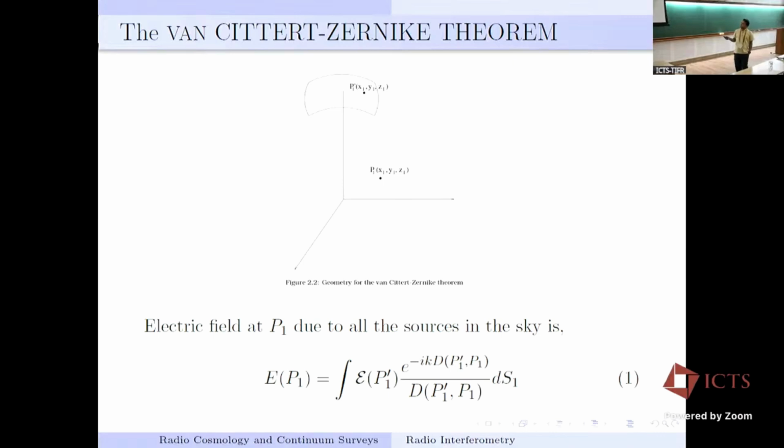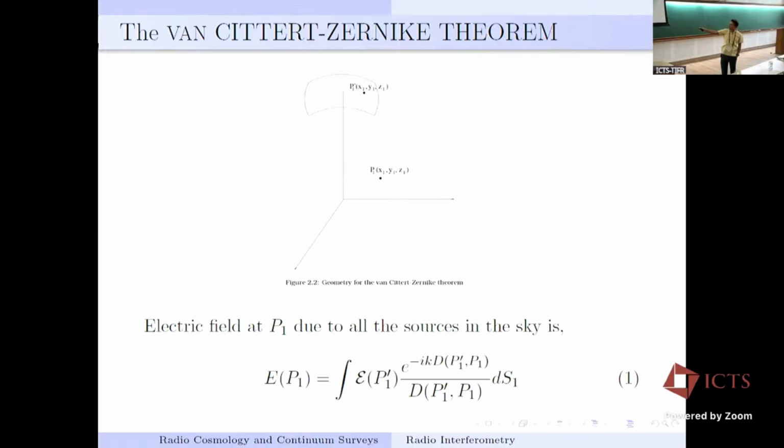So the paradigm is this: I have a source distribution in the sky. What do I mean by source? I have some point which is emitting radiation, correct? Now, radiation means what? Electromagnetic radiation, which, as I said, is basically an oscillating electric field. So I have, let's say, this point P1 prime, which is on the sky, far away, at x1, y1, z1.